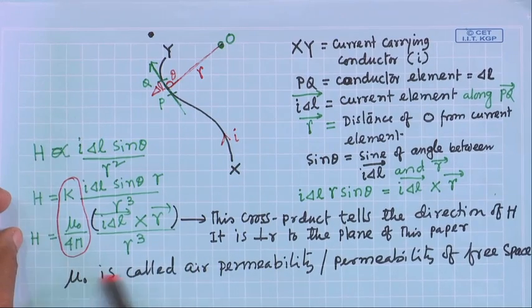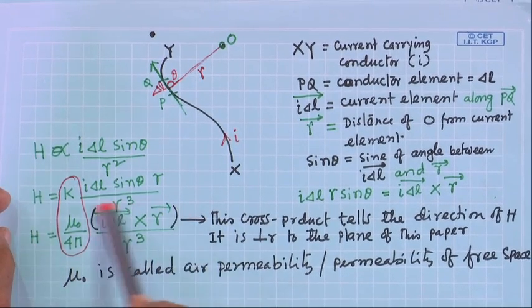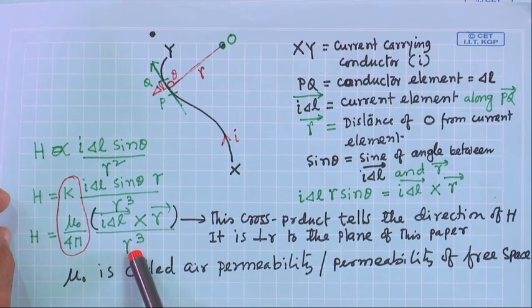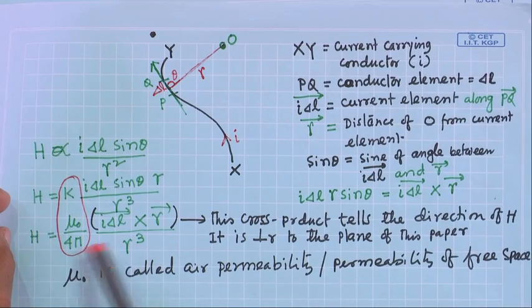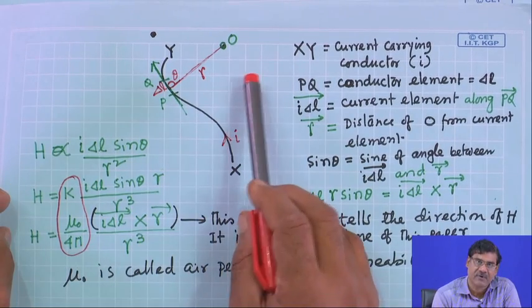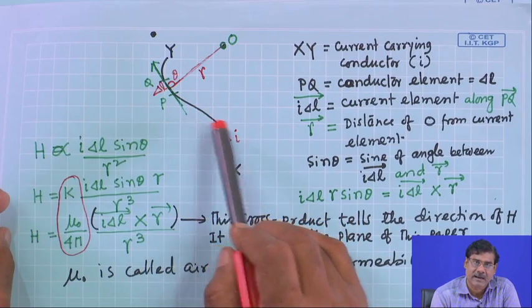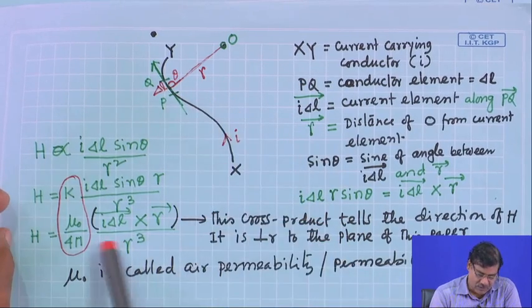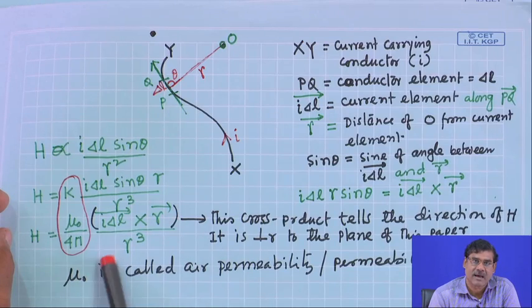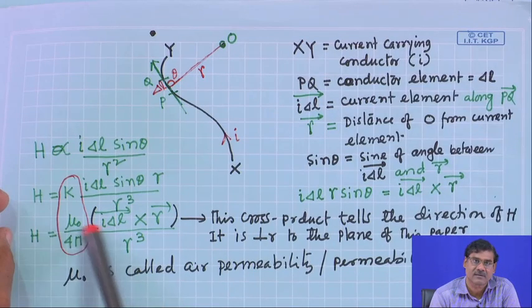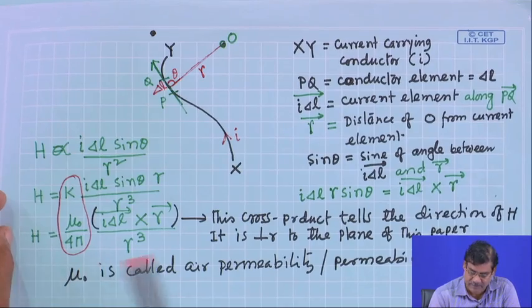So, this is a very important formula for finding the magnetic field at any point surrounding the current carrying conductor. Okay. So, I dl cross r by r cube, and this constant is mu 0 by 4 pi. Okay.